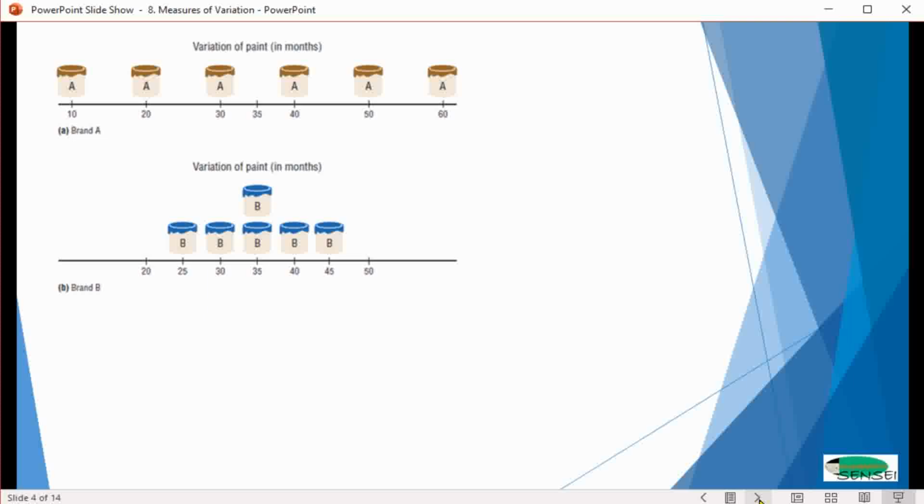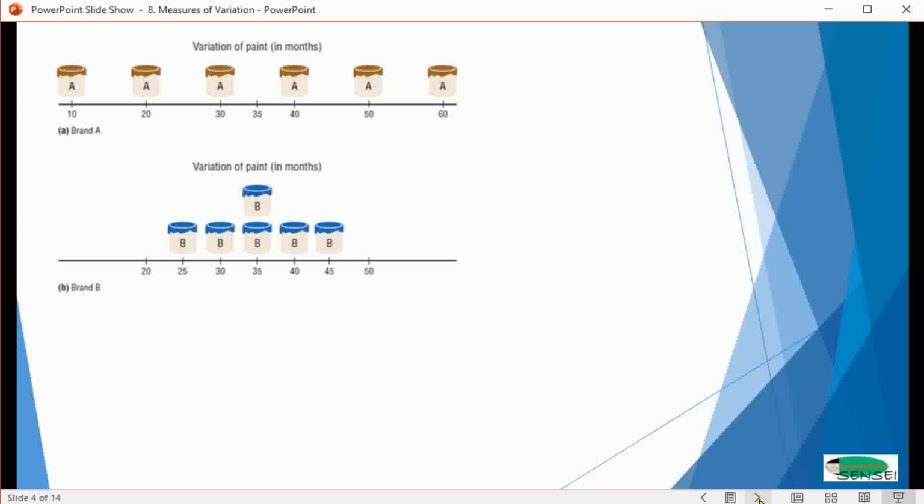So we go back to the example earlier, and this time the samples are presented in a number line just to show you the distances of these numbers. Because the idea behind measures of variation is that we'd like to see how far each data point is from the others, or if we have a mean, how far these data points are from the mean.